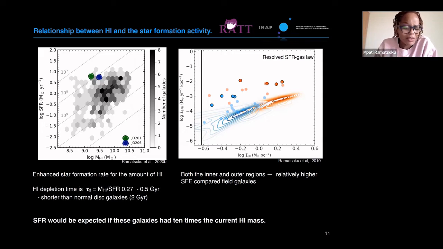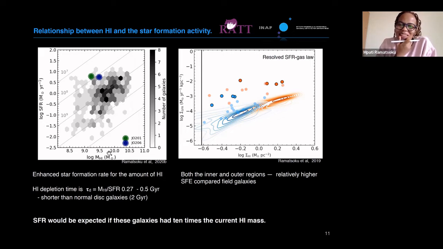And for these galaxies, we have very, very short H1 depletion times, which means they're rapidly using the H1 to form stars. Normally, a normal disk galaxy would take 2 gigayears, for example, to deplete all of its H1 to form stars. But this is not what we're seeing in these galaxies. So there seems to be a rapid H1 consumption that is perhaps going into forming these stars.